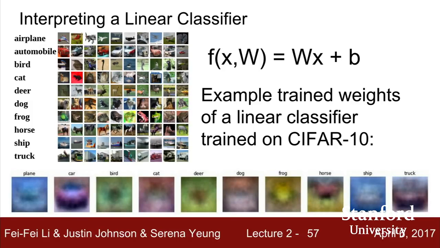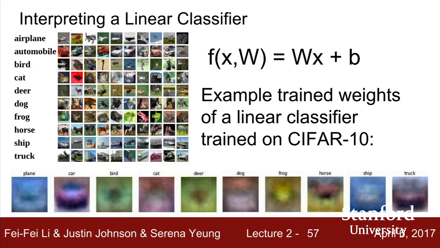The problem is that the linear classifier is only learning one template for each class. So if there are variations in how that class might appear, it tries to average out all those different variations, all those different appearances, and use just one single template to recognize each of those categories. We can see this pretty explicitly in the horse classifier. We see green stuff on the bottom because horses are usually on grass.